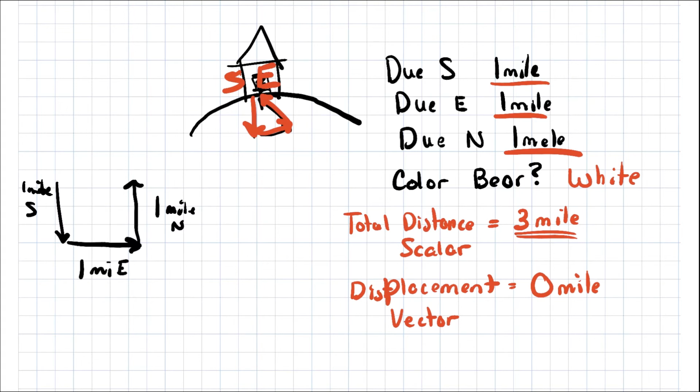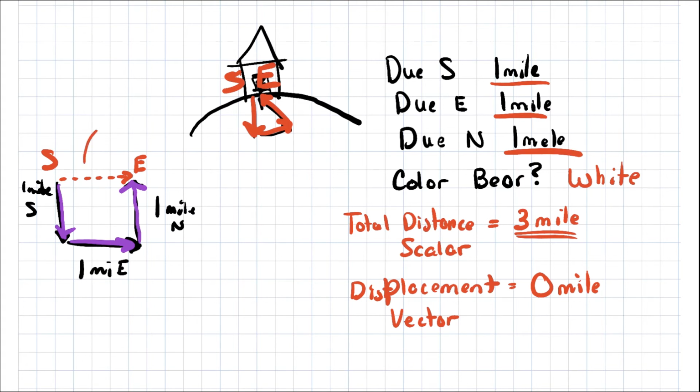All right, now in Upper Sandusky, if we were to look at that example, if you go due south, east, and north 1 mile respectively, if we started here and we ended here, what is the change of position from when we started to when we finished?